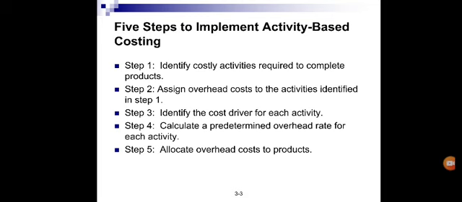And number 3, after you have assigned the overhead cost, you have to identify the cost driver for each activity. Cost driver means a factor that causes the cost to increase and decrease.